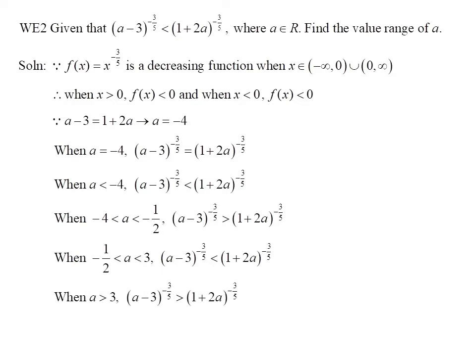When a is greater than 3, the left hand side is greater than the right hand side. Hence, we may conclude from the above, the value range of a that satisfies the inequality is less than -4 and between -half and 3, excluding both endpoints.